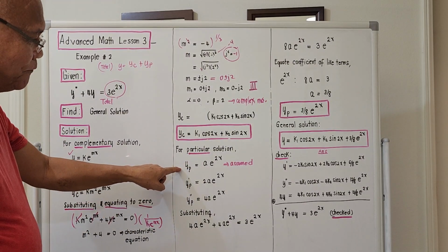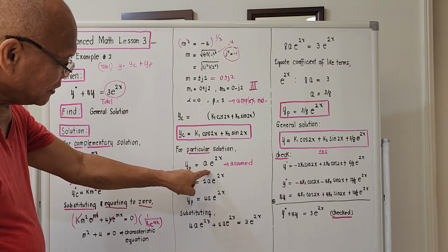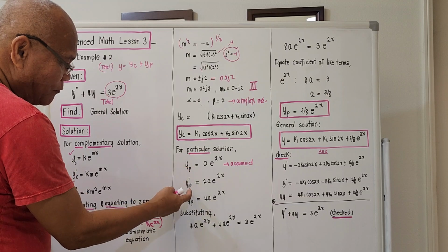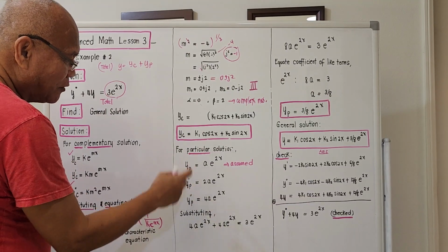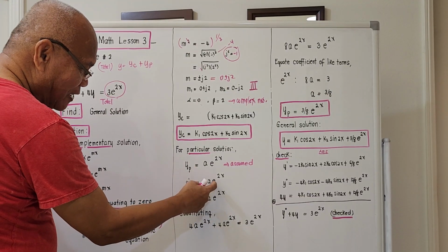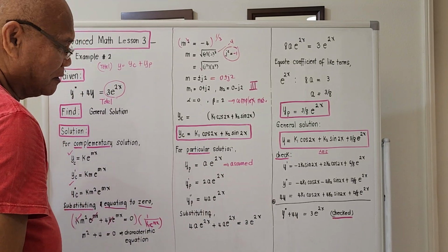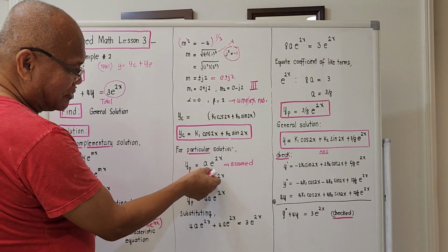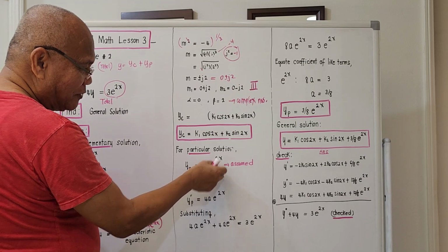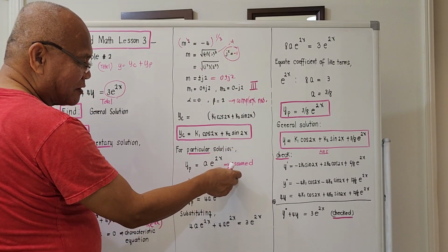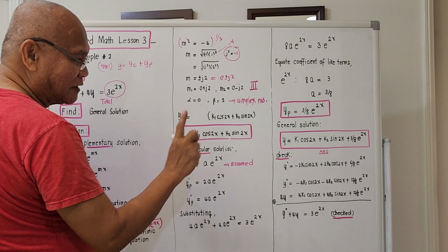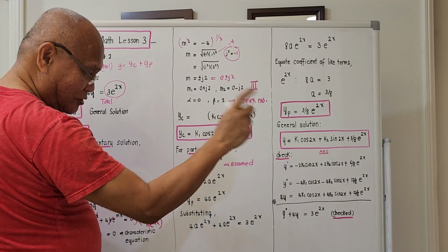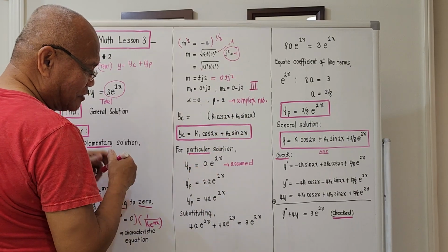If y sub p is equal to a times e raised to the 2x, take the first derivative, y prime of the particular solution should be equal to 2a times e to the 2x. This 2a emanates from the derivative of e to the 2x, which is e to the 2x times the derivative of the exponent, and the derivative of the exponent is 2 times 1. 2 times a, so this is 2a.